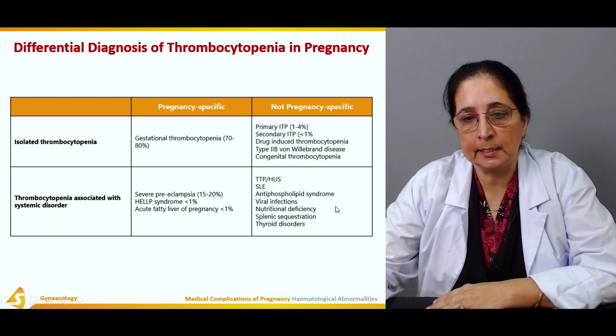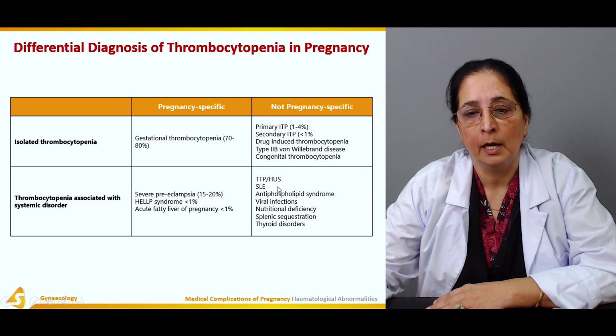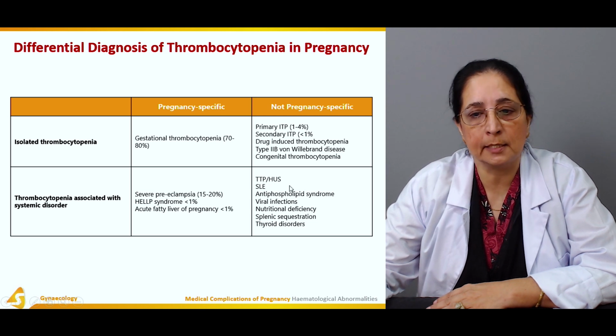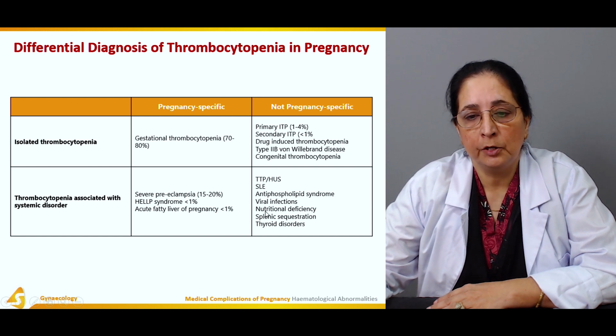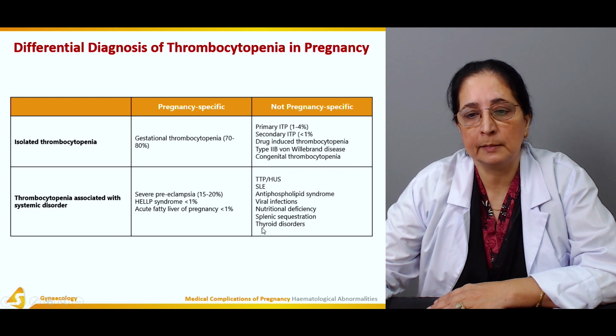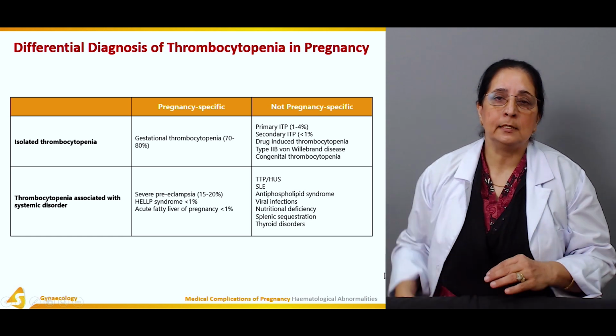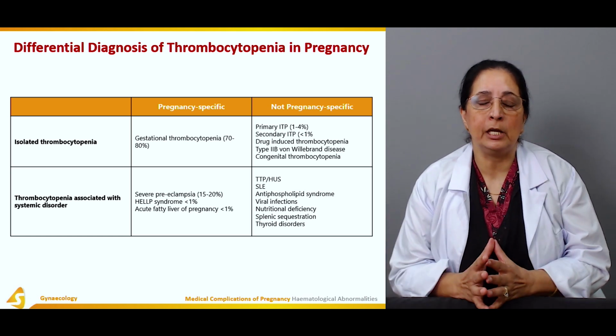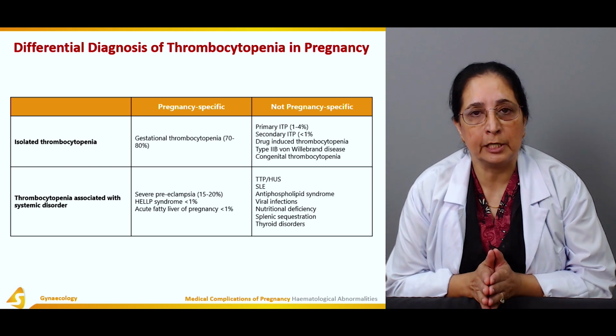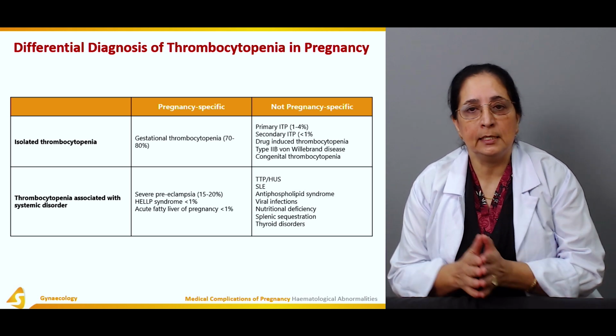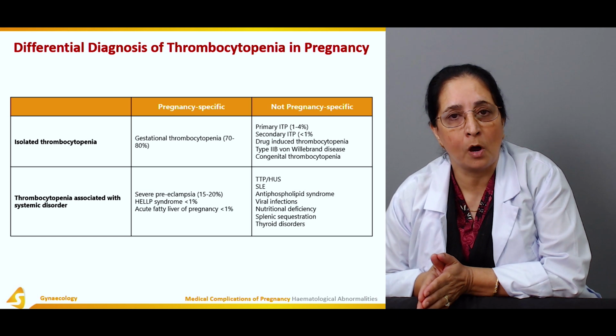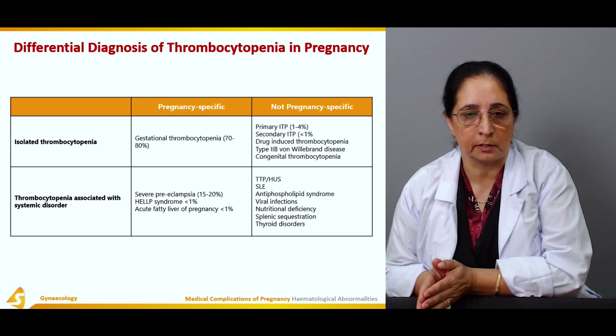In non-pregnancy, again, we have thrombotic thrombocytopenic purpura and hemolytic uremic syndrome, SLE, antiphospholipid syndrome, viral infections, nutritional deficiency, splenic sequestration, and thyroid disorders. So all these are the different differential diagnoses of thrombocytopenia in pregnancy, and then we compare that with the non-pregnancy conditions also.